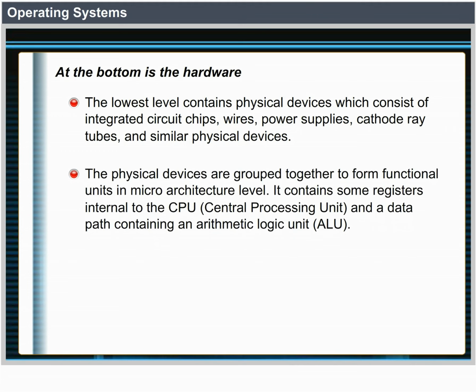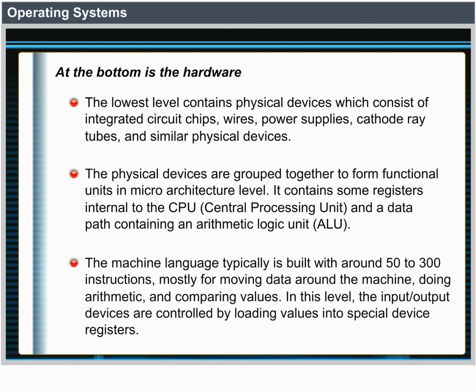It contains some registers internal to the CPU, central processing unit, and a data path containing an arithmetic logic unit, ALU. The machine language typically has between 50 to 300 instructions, mostly for moving data around the machine, doing arithmetic, and comparing values. In this level, the input-output devices are controlled by loading values into special device registers.